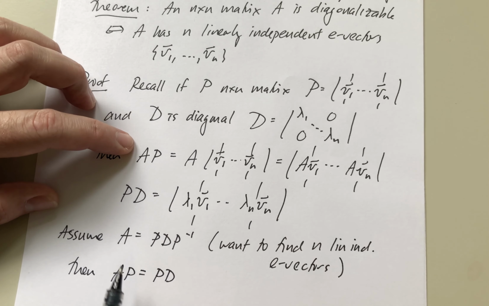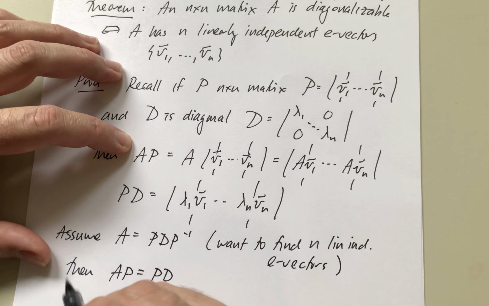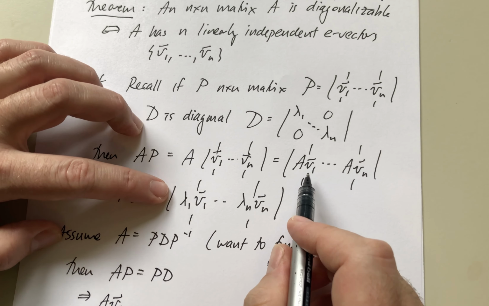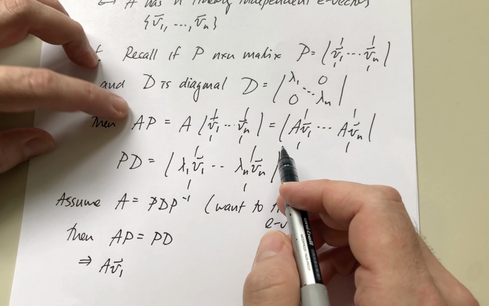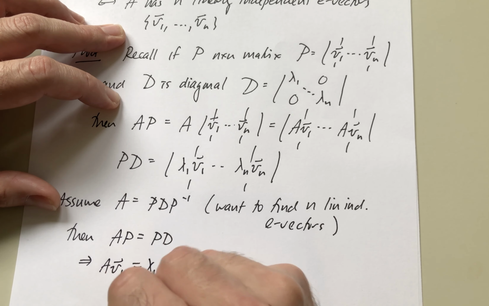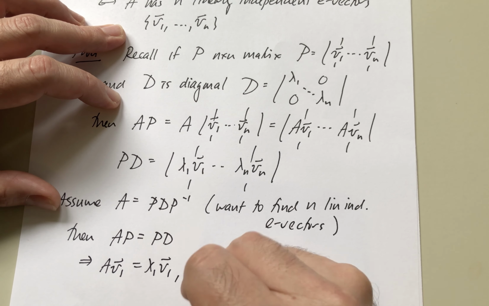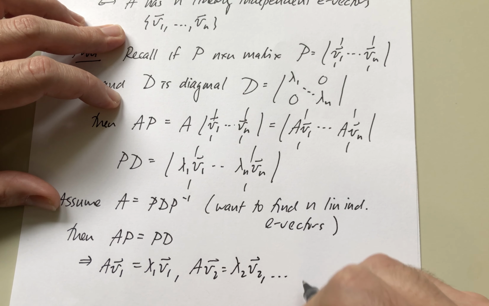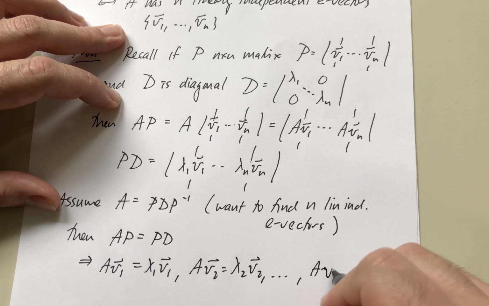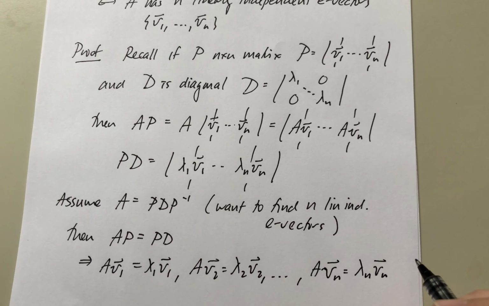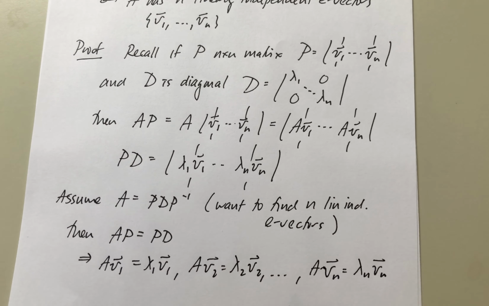But what are AP and PD? That's what I just wrote here. So that implies that Av1, the first column, has to equal the first column of PD. If AP equals PD, then Av1 equals lambda 1 v1, Av2 equals lambda 2 v2, etc., and Avn equals lambda n vn. And I'm done. I've got n eigenvectors.